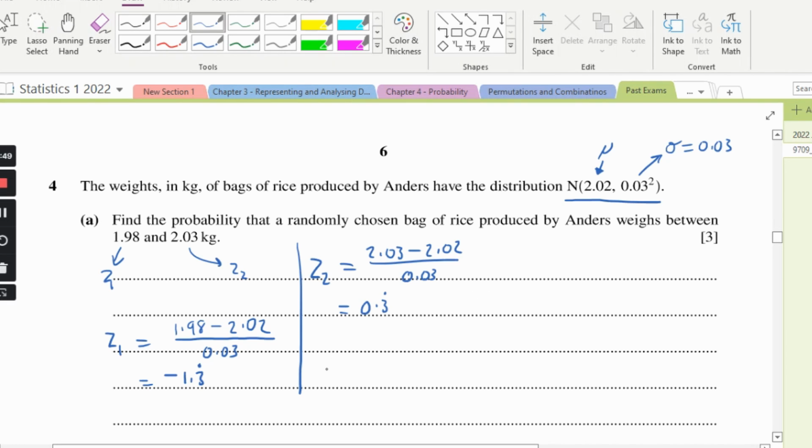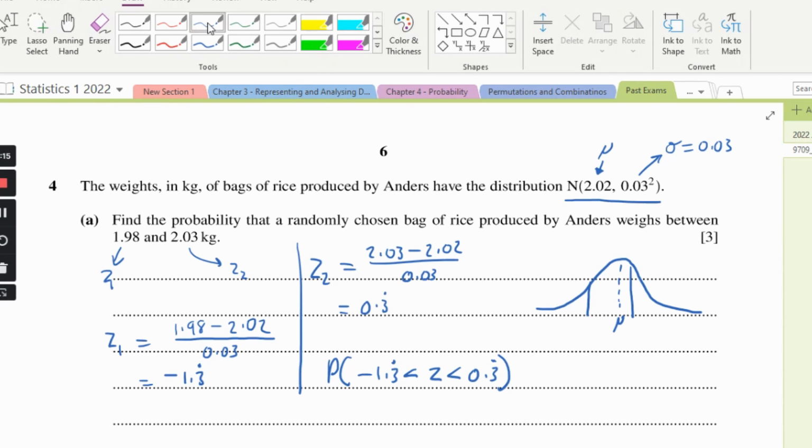Okay, now we're trying to find the chance that it lies between those. So what we're trying to find is the probability that minus 1.3 recurring is less than Z, which is less than 0.3 recurring. Or if we were to sketch the normal distribution curve, here's our mean, here's Z2, here's Z1, and we're wanting the shaded area.